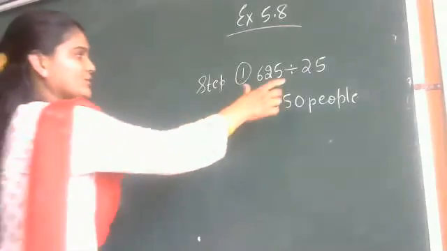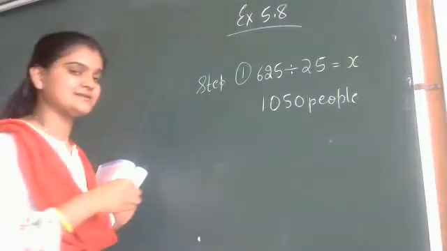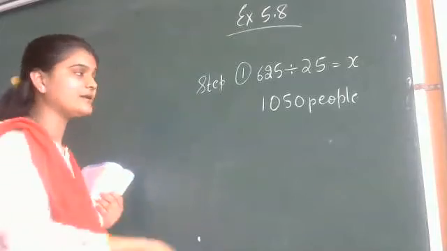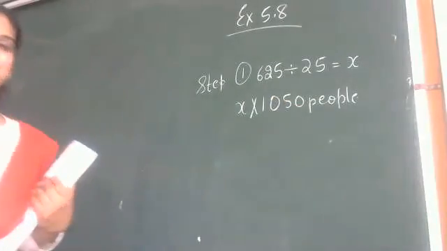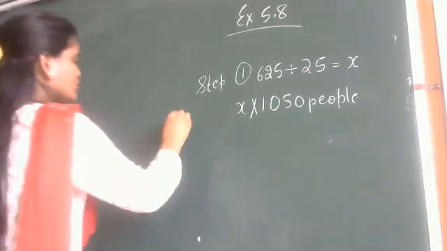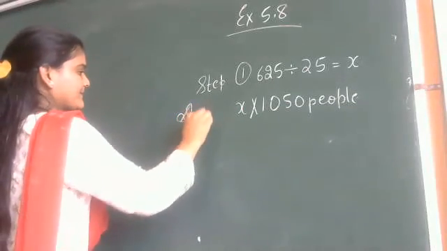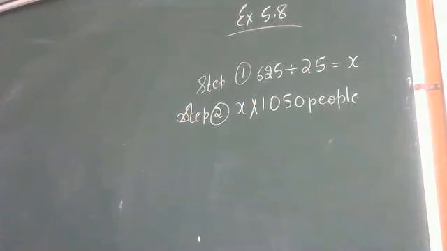Now suppose you have got x, let it be any number. That number you will have to multiply. Is it clear? Here we have totally two steps. In the first step, we divide. In the second step, whatever answer we get, we multiply it for the requirement.